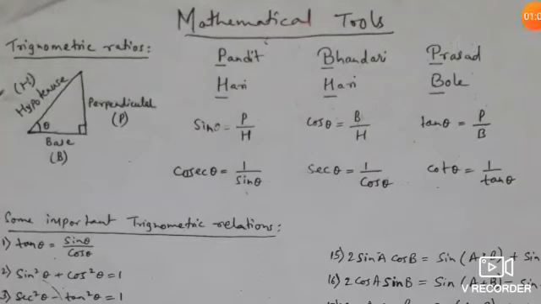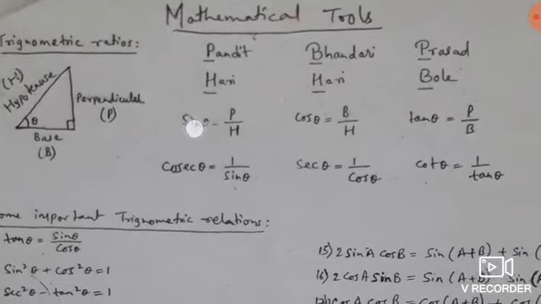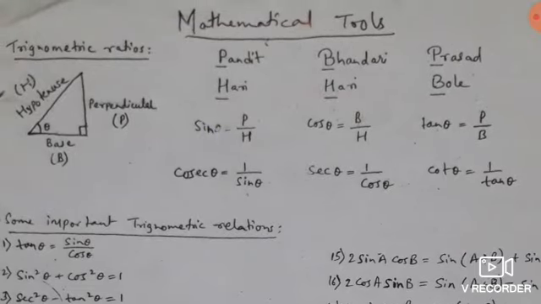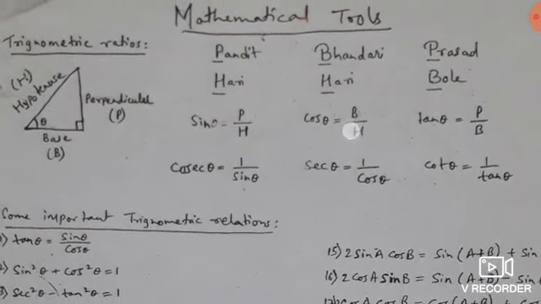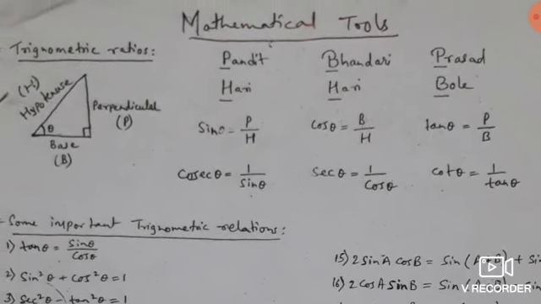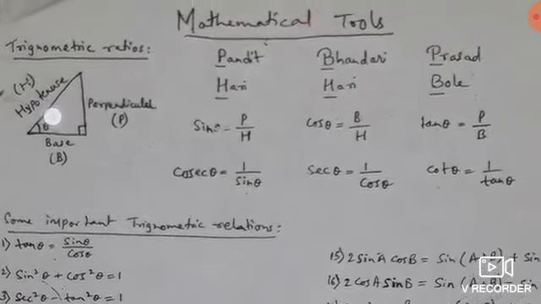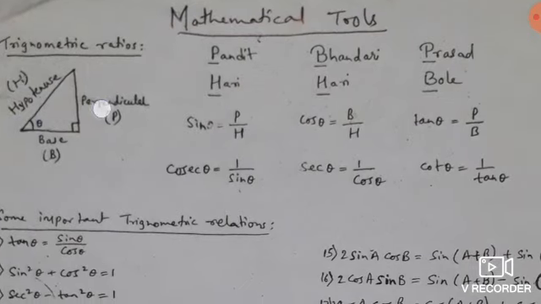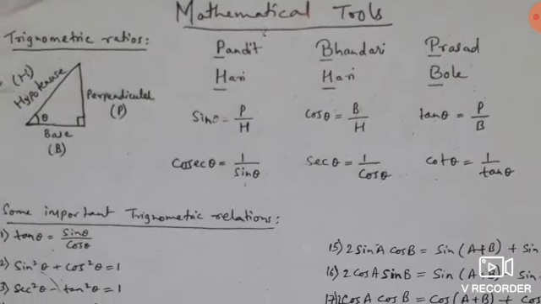From class 10 we already know the formula: sine theta is equal to P by H, perpendicular by hypotenuse, cos theta, base by hypotenuse, tan theta, perpendicular by base. We can find this from this right angle triangle. We can see here the angle is theta and its opposite side is perpendicular, this is base, this is hypotenuse.